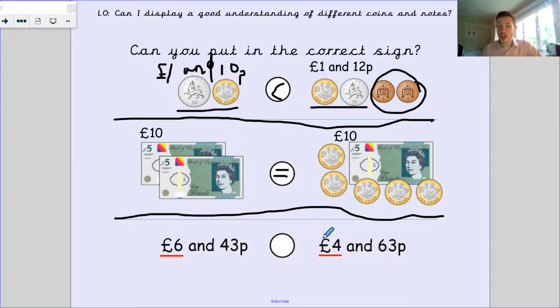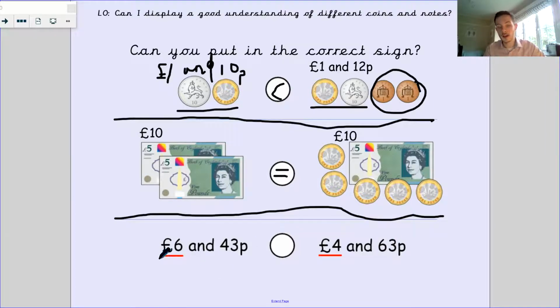Now, this one is a challenging one because I haven't given you any of the coins or the notes. I've just given you what it's written out like I've written out up here and not very neatly. So what do you think this amount is going to be? So this says £6 and 43p. And this side says £4 and 63p.